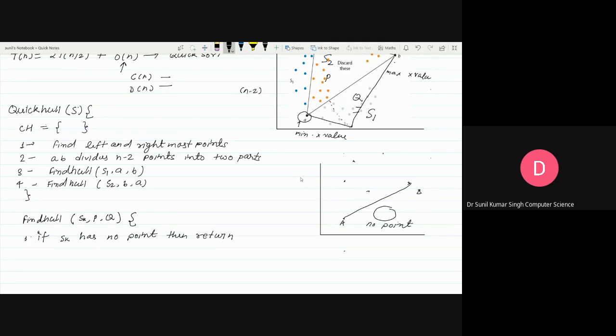So return to whom? जहां पे फंक्शन को कॉल किया. Else, what we have to do, find the farthest point.